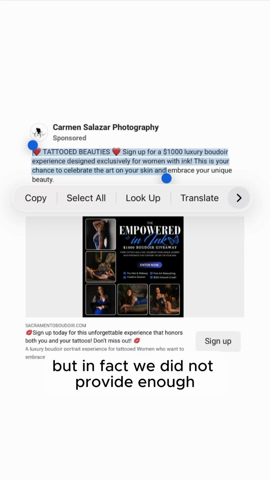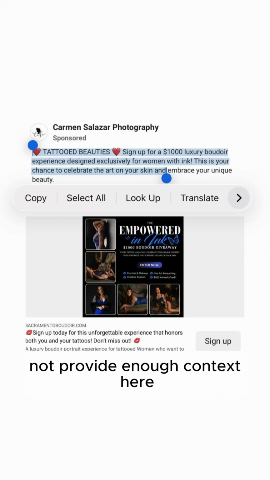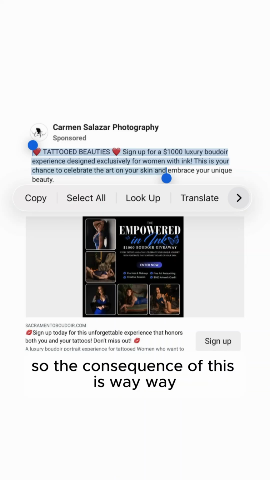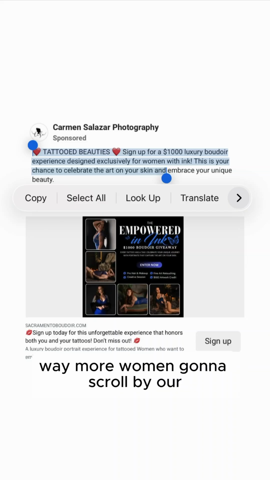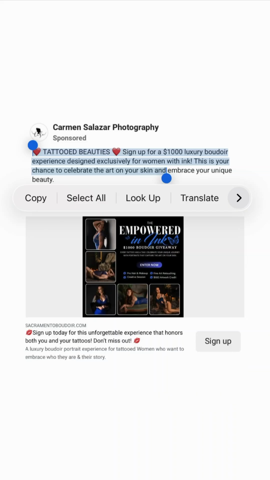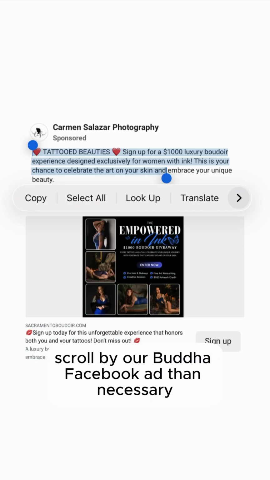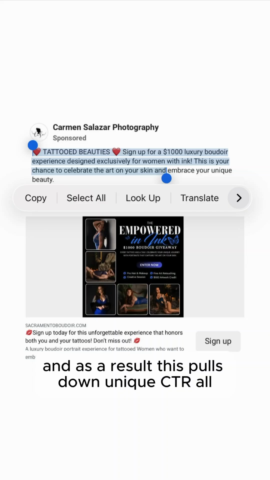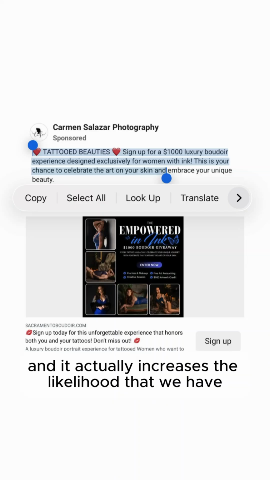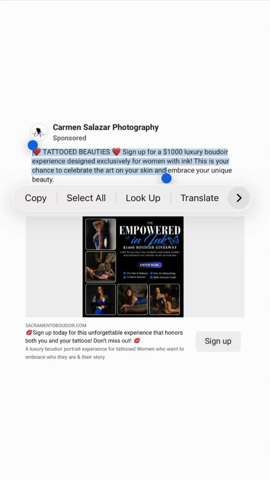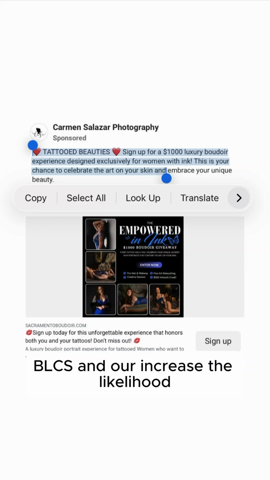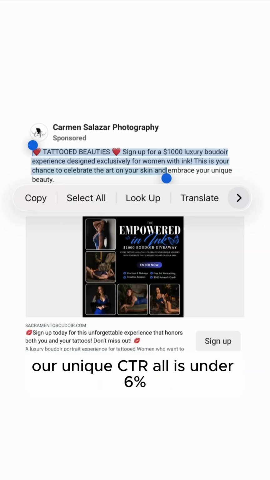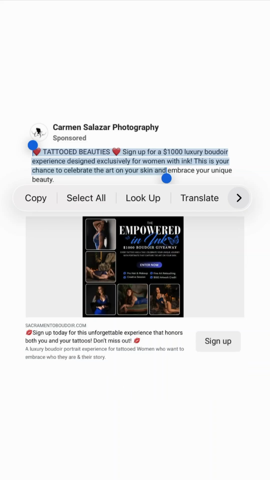But in fact, we did not provide enough context here. So the consequence of this is way more women scroll by our Boudoir Facebook ad than necessary. And as a result, this pulls down unique CTR, and it increases the likelihood that we have BLCS and the likelihood our unique CTR is under 6%.